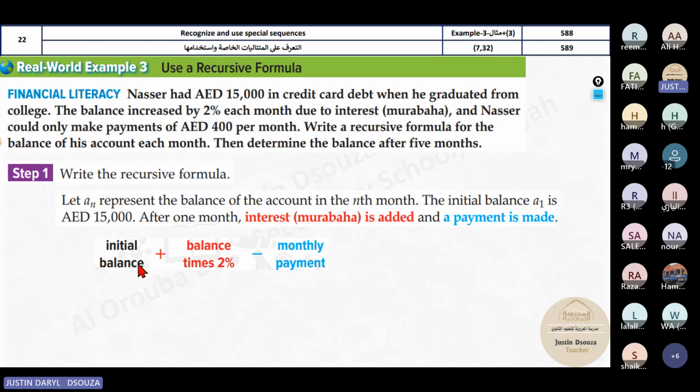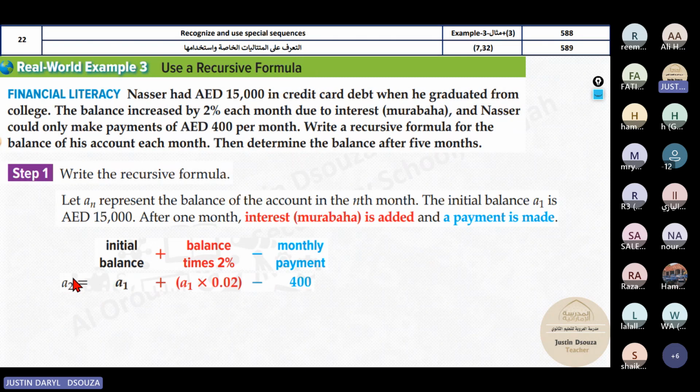So 2% of the balance, and then minus the monthly payment. What is the initial balance? That is the first term, A1. And over here, 2% of the balance would be A1 times 0.02 because 2% is 0.02, minus 400. That is the payment he is doing every month. So this is on a monthly basis.